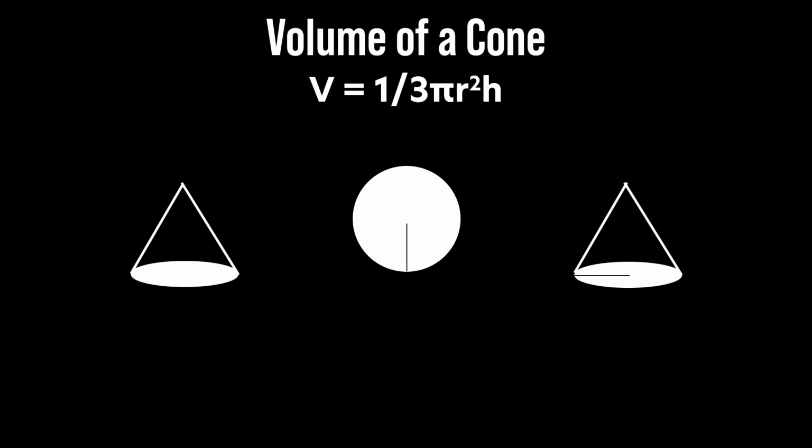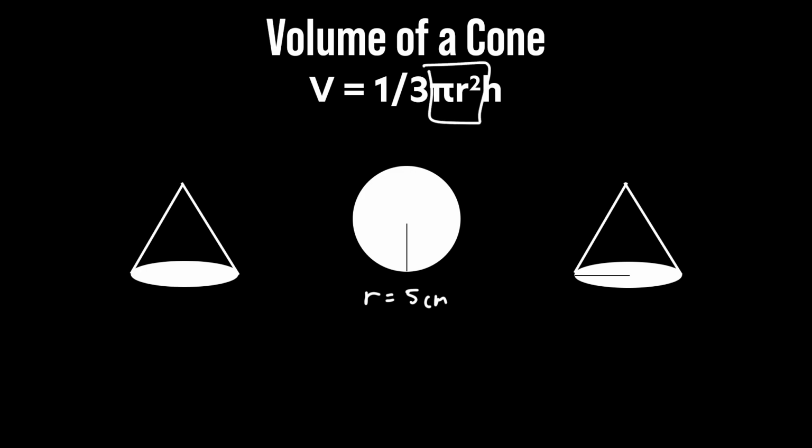Now, just like a cylinder, the way it works is you take the area of a circle and then you multiply it by the height of the cone in this case. So let's say that the radius was 5 centimeters. If the radius was 5 centimeters for the circle, then we would use the equation pi r squared.